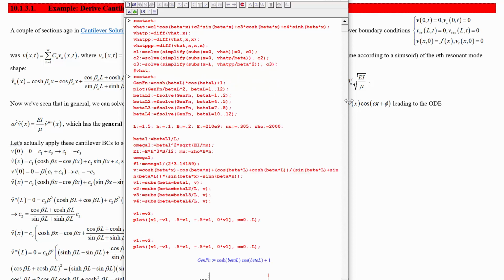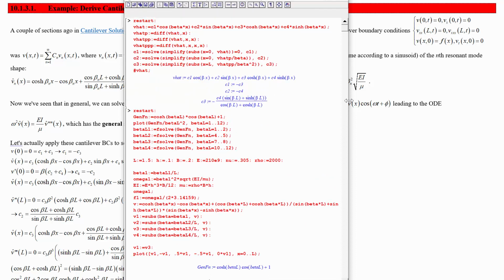And we can solve for any one of these coefficients that we like, C3 or C4. Sometimes it can go wrong. Let's just guess. We'll say C3 is equal to, solve this thing for C3 and see what we get. So that's going to say what C3 is in terms of C4, dividing by cos plus cosh.